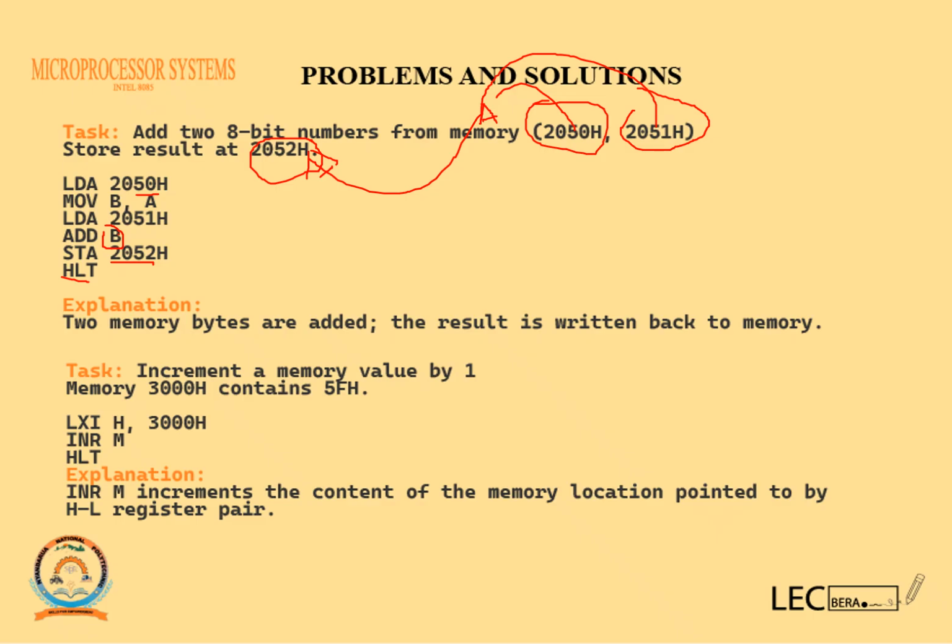So what is being held by the register pair, which is our memory location address, we are going to increment what is inside here by 1. And then we are going to halt the program.